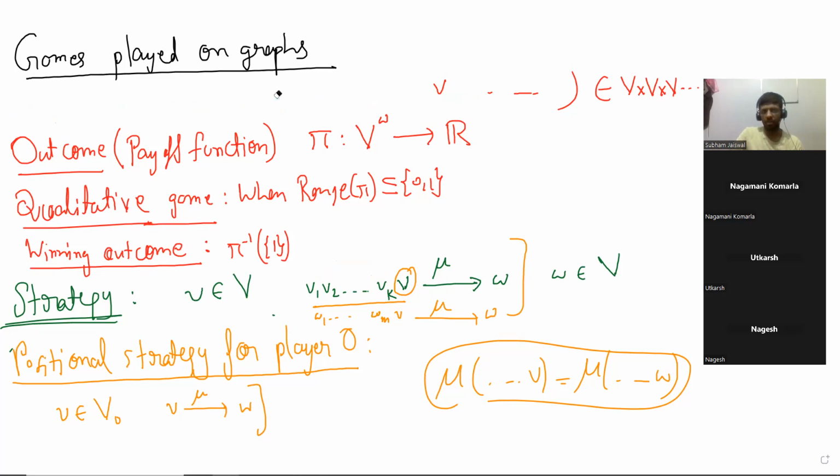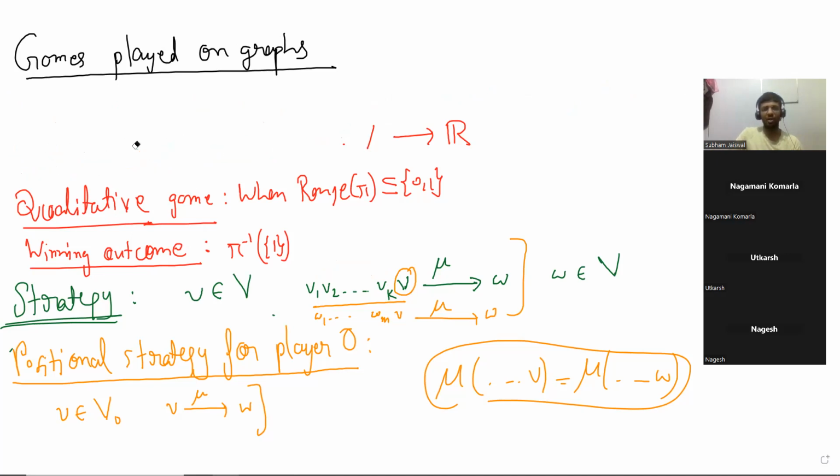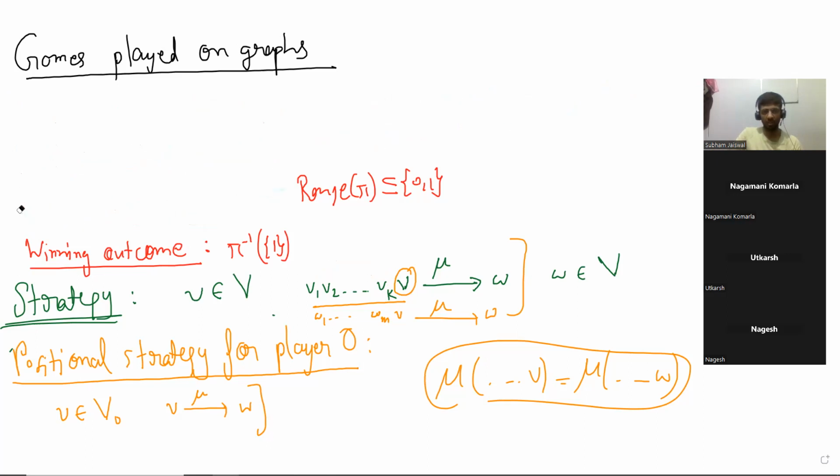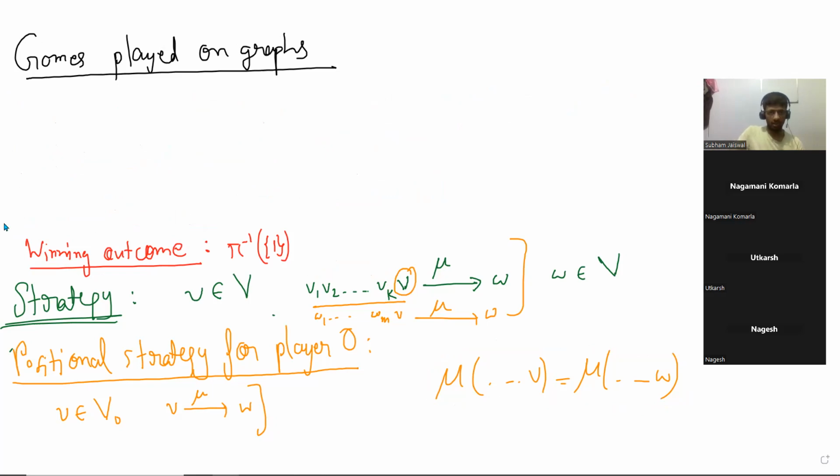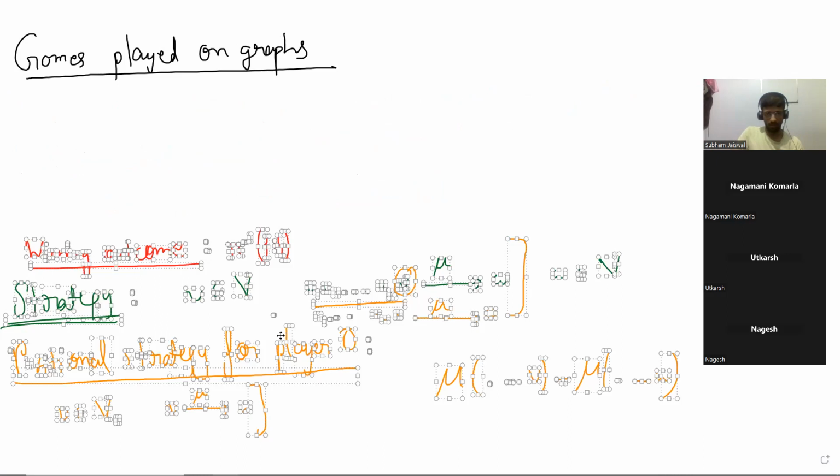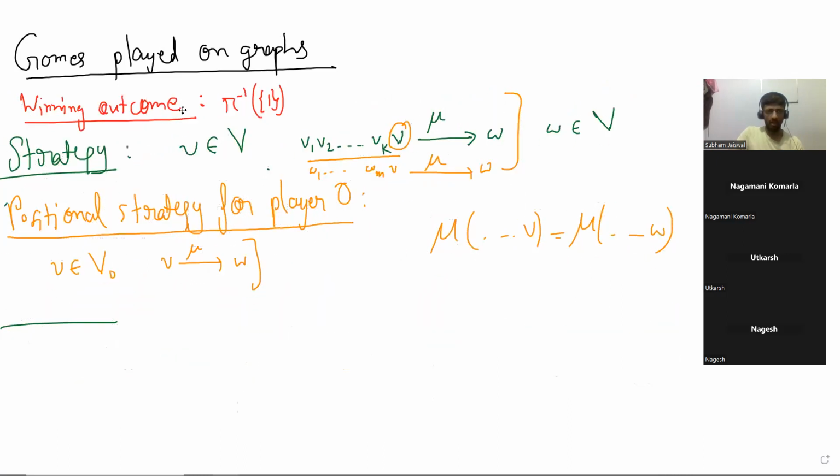Okay, so now what should we define next? Now we'll define, I don't know what to call it, the value of a game or something. I'll have to look at the book to see what they call it. I know what the definition is, but I don't know the term. All right, maybe this also we can erase.